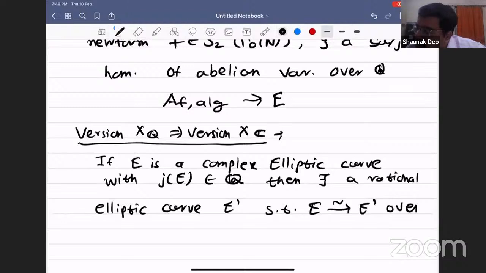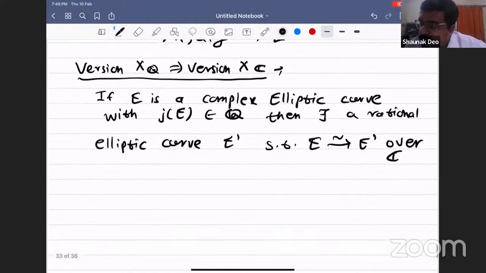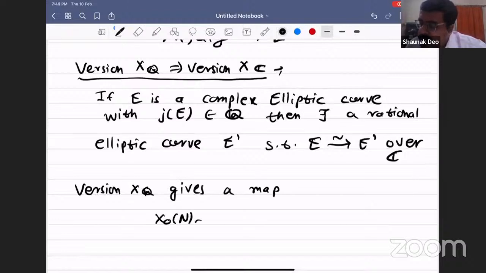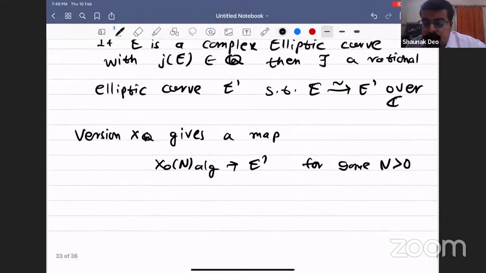So these are isomorphic over C. Because the j-invariant is rational, we can find such a rational elliptic curve E prime. Now this version XQ gives us a map from X_0(n)_alg to E prime for some n greater than 0. Because E prime is over Q, this map is over Q.